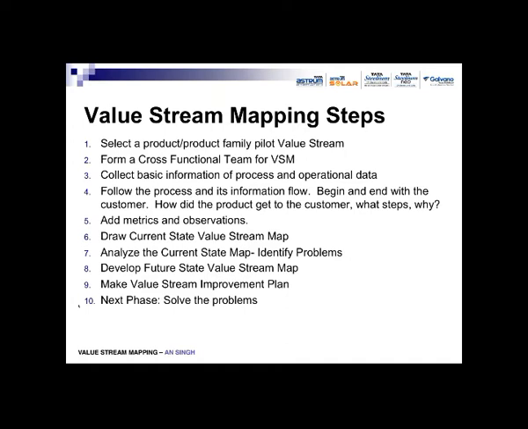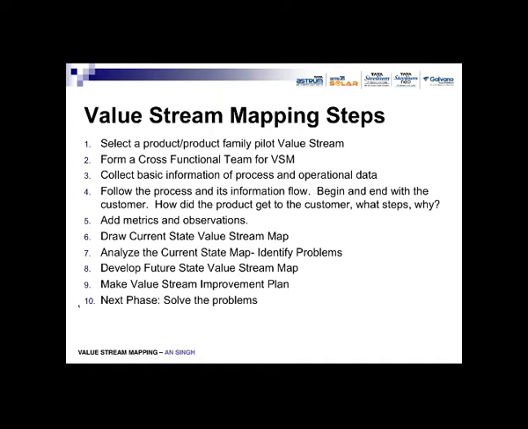So a future state map has to be developed after solving the problems. Then once the future state map is developed, what problems need to be addressed during the next 6 to 12 months to eliminate all the waste being generated? Accordingly, a value stream improvement plan is made.